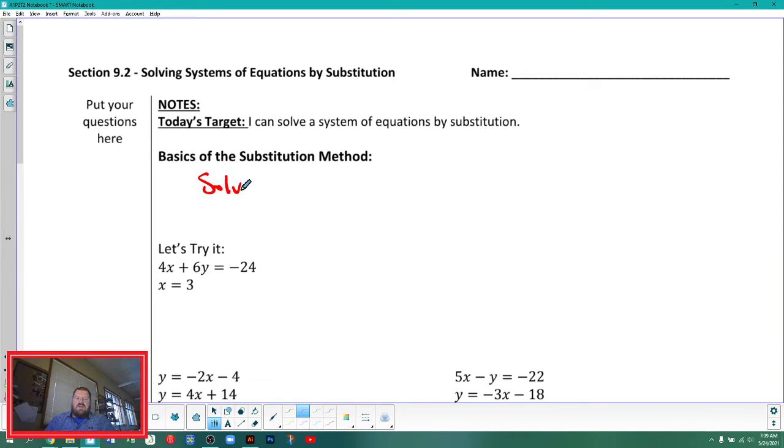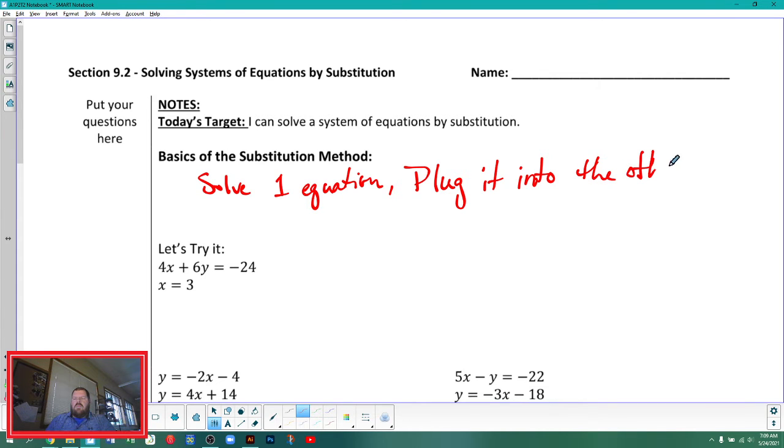Solve one equation. Plug it in to the other. Okay.